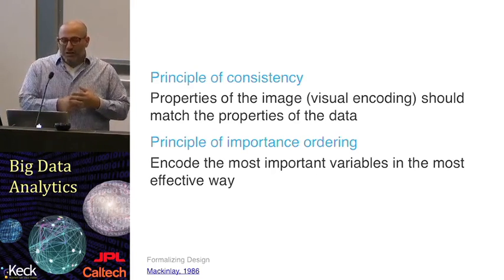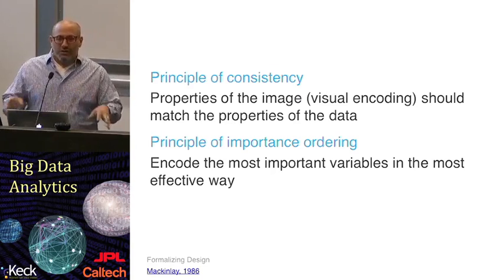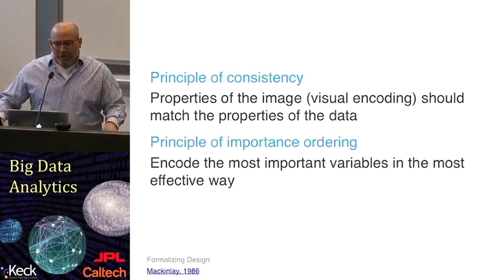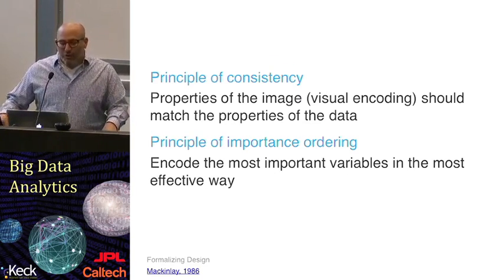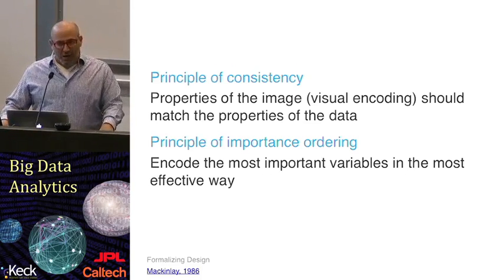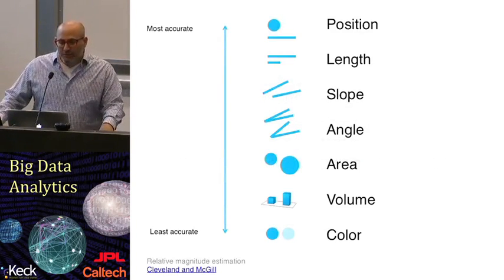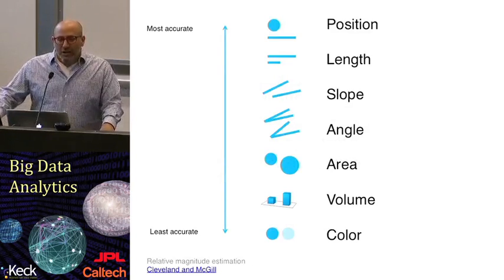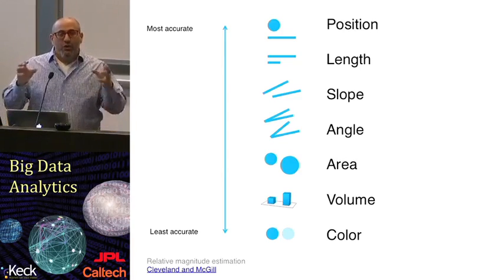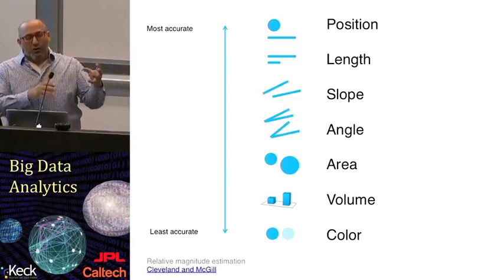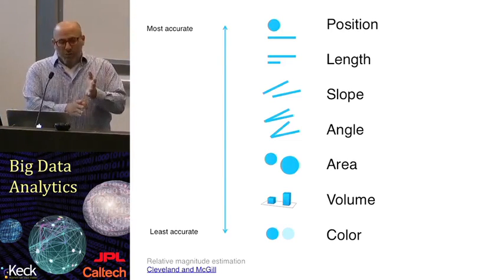The second idea is the principle of importance ordering, and this is something that we often overlook. The idea is to take the most important variables and encode them in the most effective way. Our understanding of human perception is such that we perceive differences of magnitude differently when they're encoded using different encoding methods.